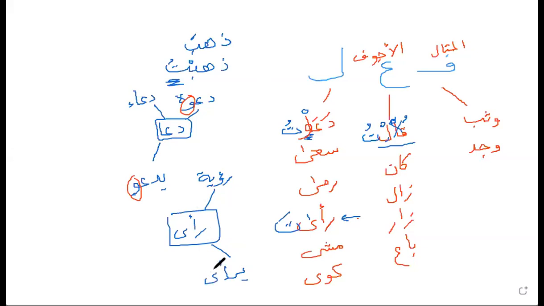So they just need one clue. And for them, they've seen that this ya has appeared, which shows that the asl of this alif maqsoora is actually a ya. So it becomes ra'aytu, or ra'ayta.